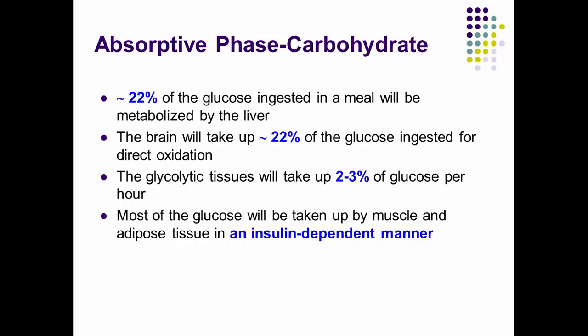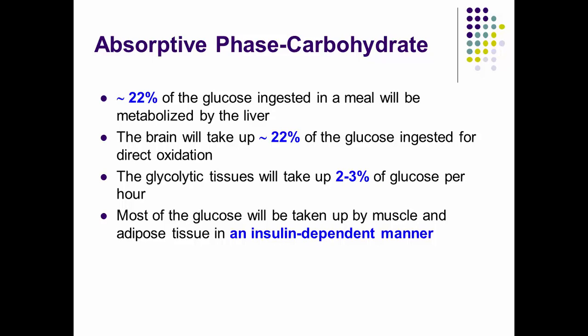And 20% of absorbed glucose from the meal is also utilized. Well, actually, we already talked about this. 22% of glucose is metabolized by the liver. The brain is going to take up 22% of absorbed glucose for direct oxidation.